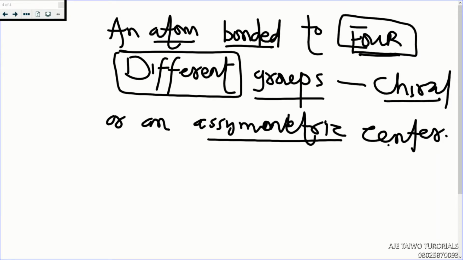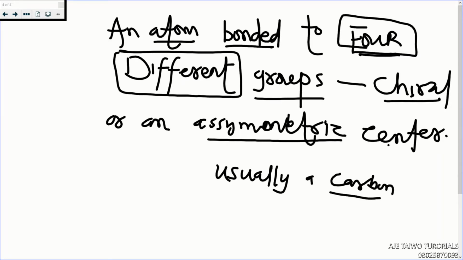Continue. The atom with an asymmetric center is usually a carbon atom.